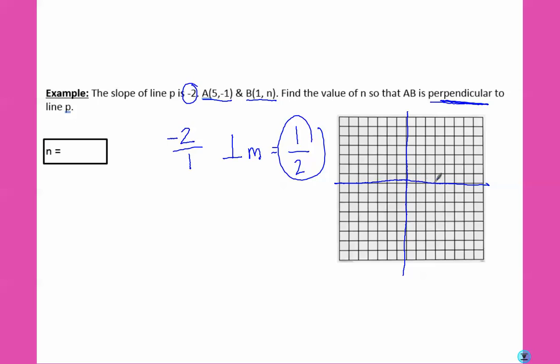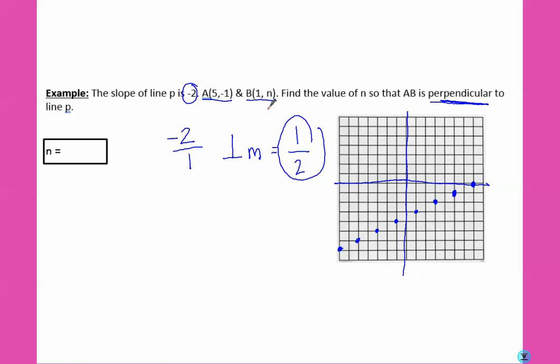So 1, 2, 3, 4, 5, -1. And now I need to follow my slope pattern, 1 over 2. So up 1 over 2. But I ran out of graph paper, so I'm going to do the same thing in the opposite direction. Down 1 over 2, down 1 over 2, down 1 over 2. And I can keep going.